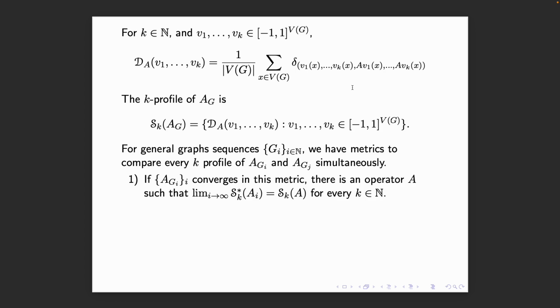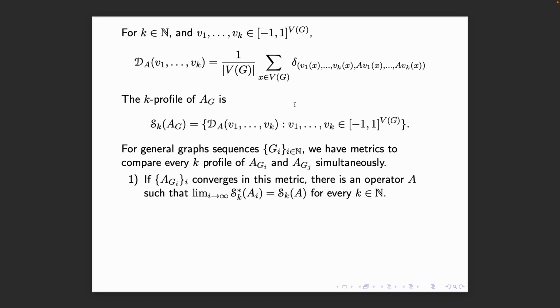But the general idea of the framework of graph limits that we use for Cayley graphs is that a sequence of matrices is going to converge if, well, hold on. Okay. These sets of measures, they actually tell you a lot about A_G.